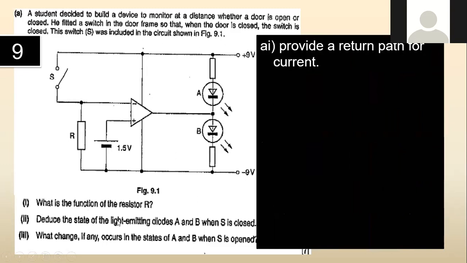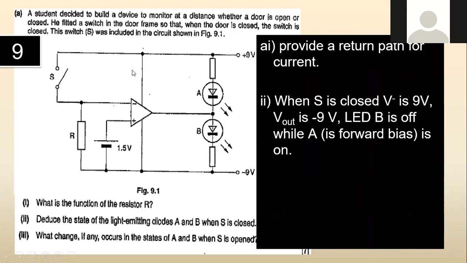Deduce the state of the light emitting diodes A and B when S is closed. So when S is closed, what is going to happen? You force this negative input to plus 9 volt. The positive is at 1.5. Right? This is 9 volt, this is 1.5. So 9 volt is greater than 1.5.